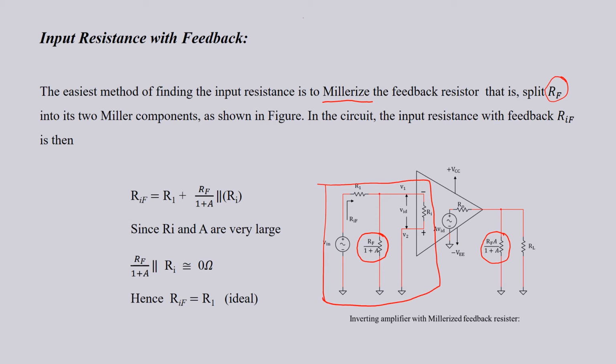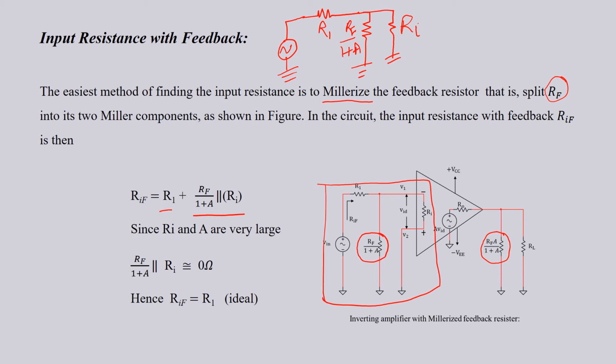First one is R1, which is in series with a parallel combination of two more resistances, RF over 1 plus A and Ri.